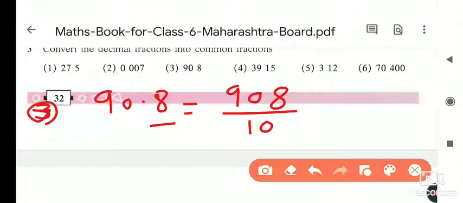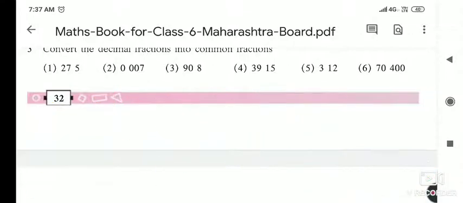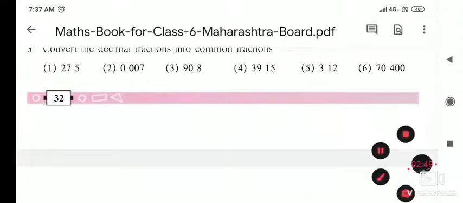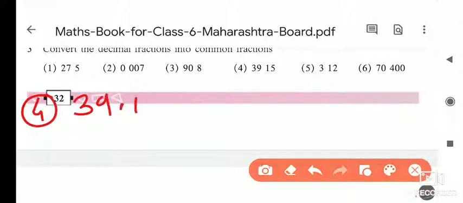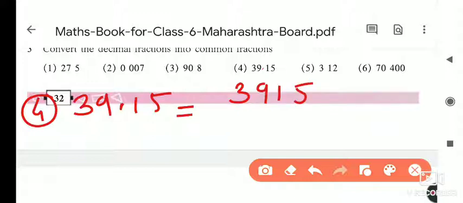Next question, fourth example, 39.15. Here the point is there. So its conversion is 3915 upon 1 with, after the point, how many digits? 2. So on 1 we have to give 2 zeros.